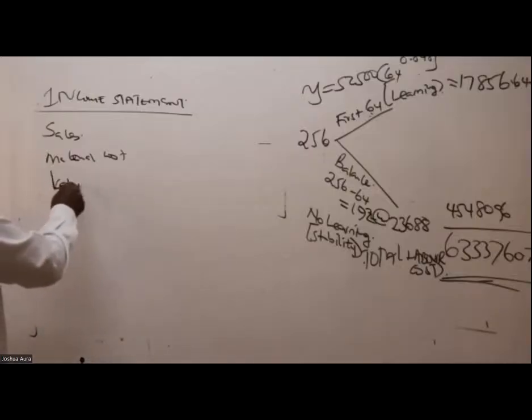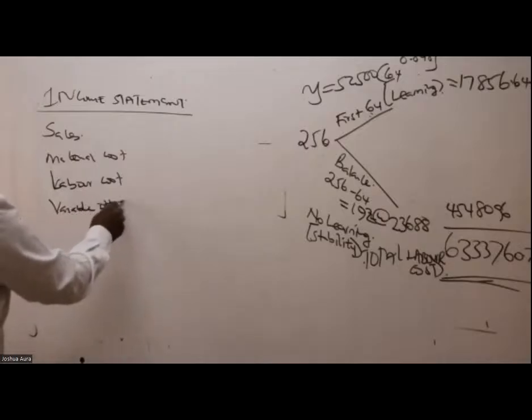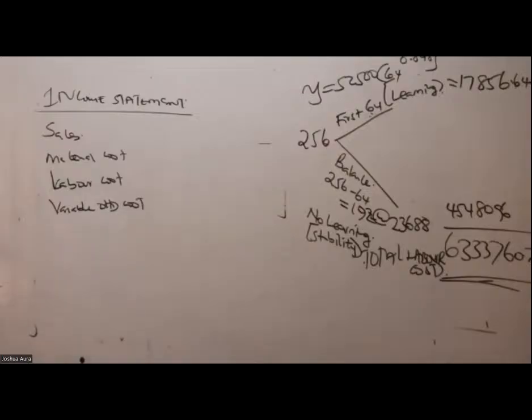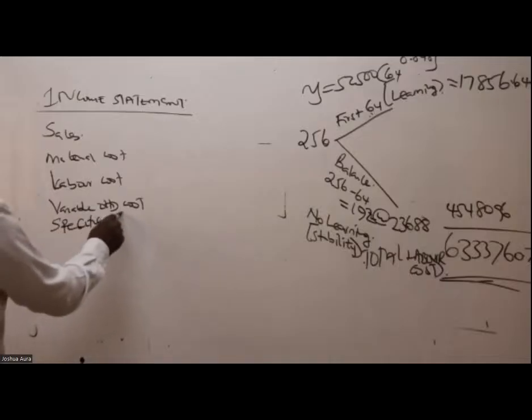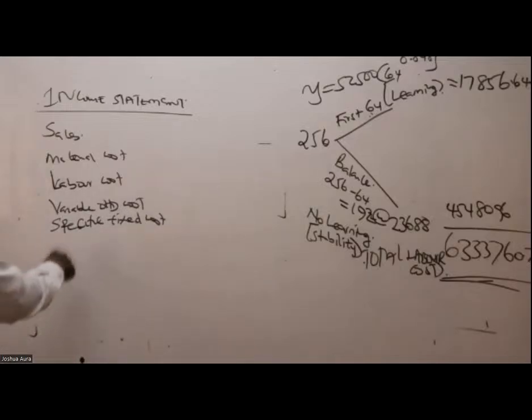After labor cost, we have variable overhead cost. After that, we have a specific fixed cost. And then, of course, you should be able now to give us a net profit.